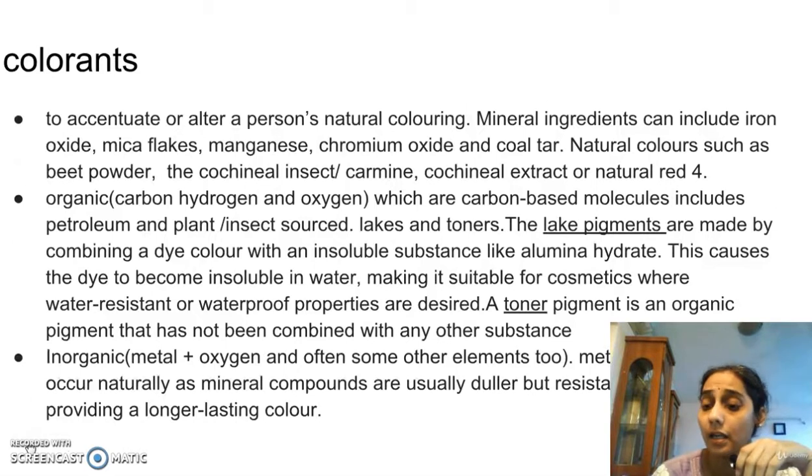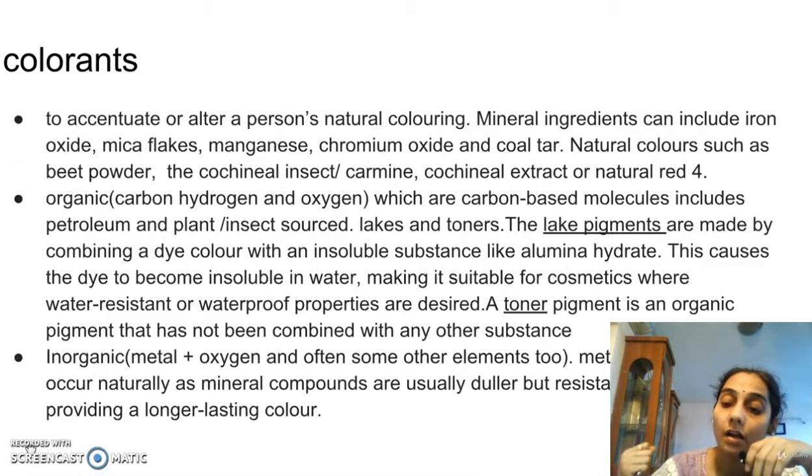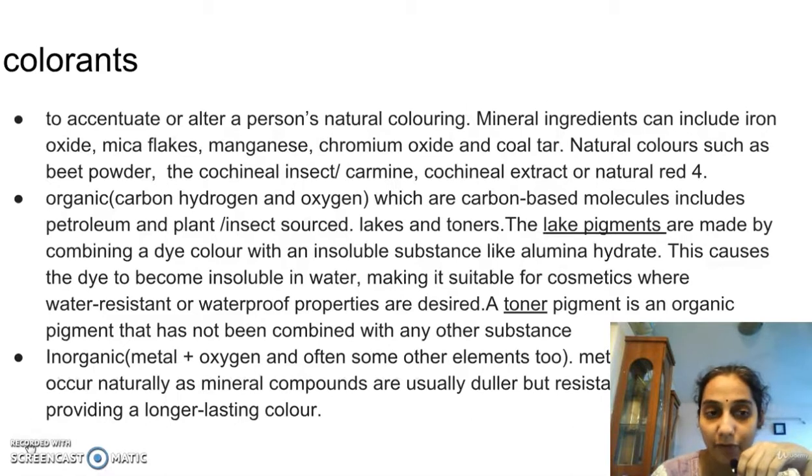Those powders can be used as natural colorants. Then are organic colorants, that is organic in terms of chemistry. The carbon containing molecules are organic. Don't confuse it with the other organic, that means pesticide free.